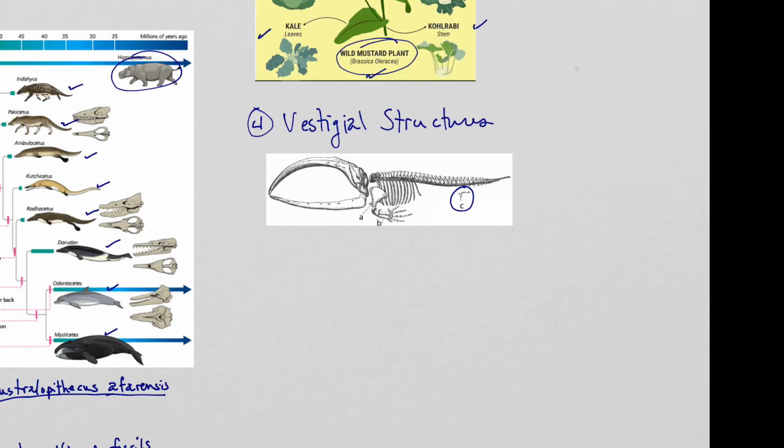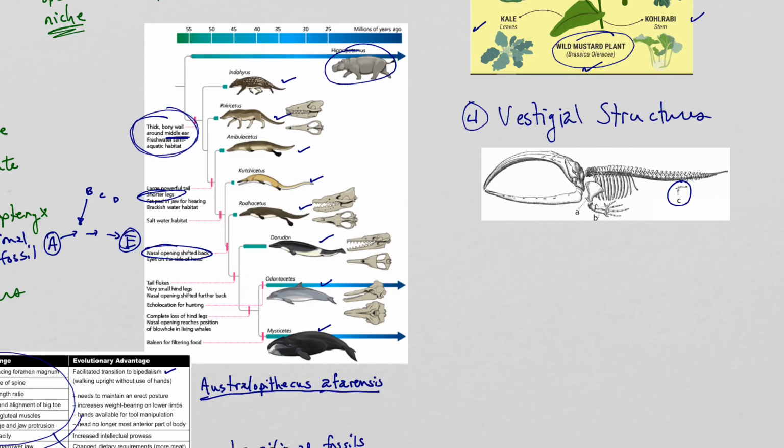Now, those legs didn't get smaller because the whales didn't use them. That would be kind of ridiculous. You can't just get real muscular and then have a totally buff baby. But what happened is that the whales with the smaller legs were more successful and able to move around better. I mean, take a look. Ambulocetus over here and Cuchacetus and Rhodocetus over here all had pretty good legs, and it's probably because these animals lived close to the shore, and so they were able to move along really quickly along a riverbed or a shoreline or something like that to hunt.